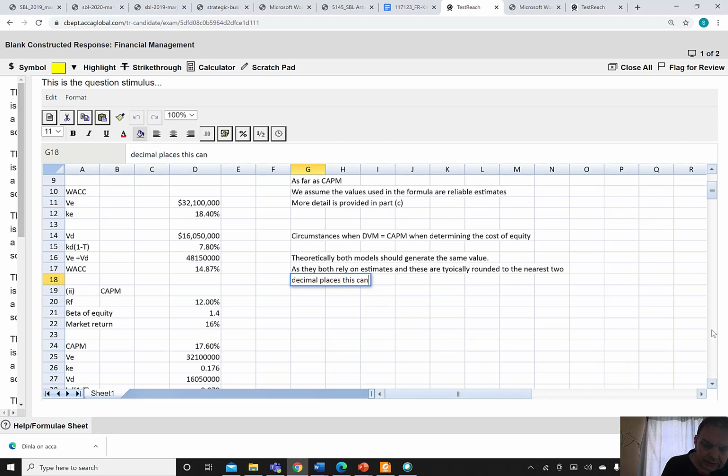This can lead to differences. In this case we're just over 0.5% difference.